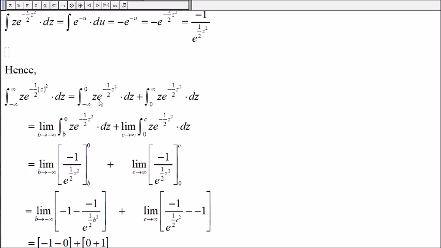This improper integral, we can write it as the integral from b to 0 with the limit as b approaches negative infinity. And then this improper integral, we can write it as the integral from 0 to c, where c approaches infinity.